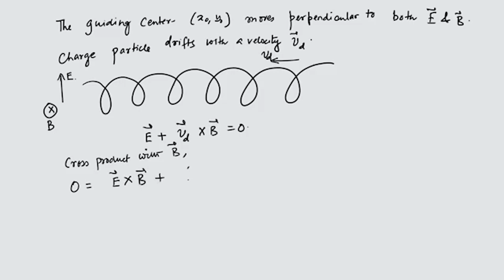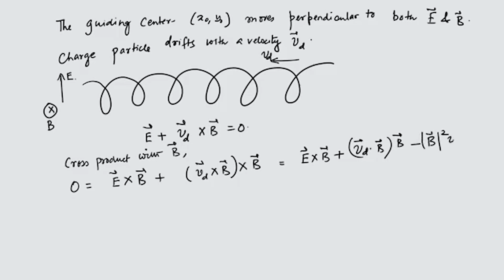and Vd cross B cross B. I am sure you have seen this kind of triple cross product, A cross B cross C, and there is a particular formula that one uses which you can look up, and this is equal to E cross B plus Vd dot B times B, minus B square times Vd.